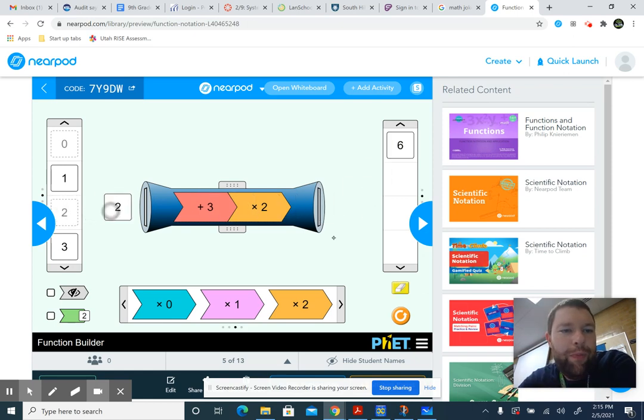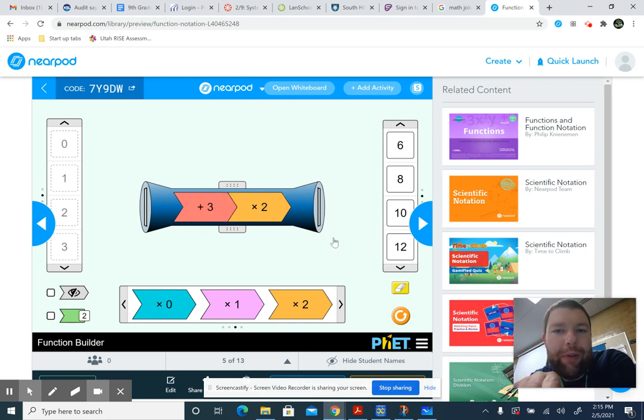If I input 2, that would add 3, which would be 5, and then times by 2 should be 10, right? So it's just putting those inputs and outputs. Again, for each number I input, there's only one output, right? If I put in 3, it's not going to give me 12 and 6. Those are two different outputs.